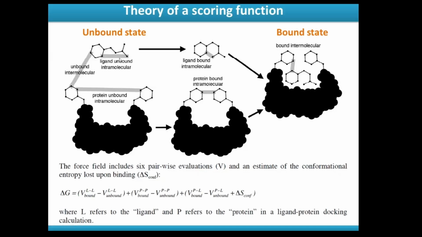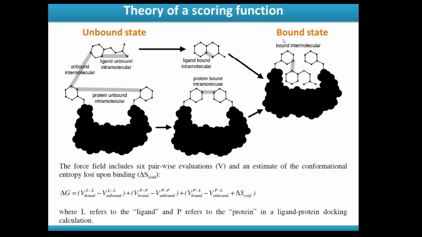That is, what is the potential energy between two atoms? Second one, within the unbound between the atoms of the proteins, what is the interaction energy? And then in the unbound, what is the interaction energy between the ligand and the protein?